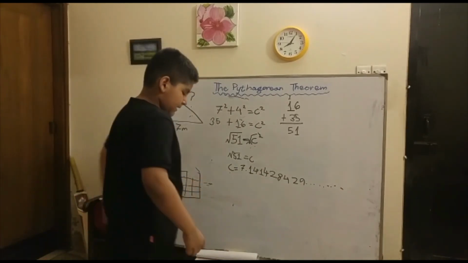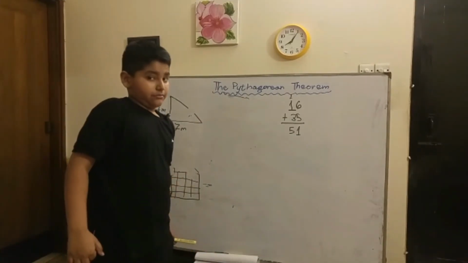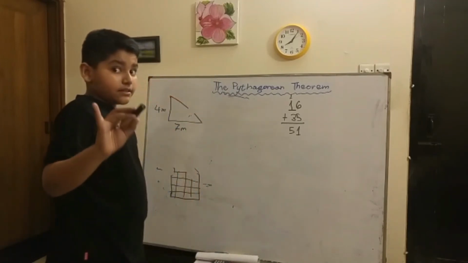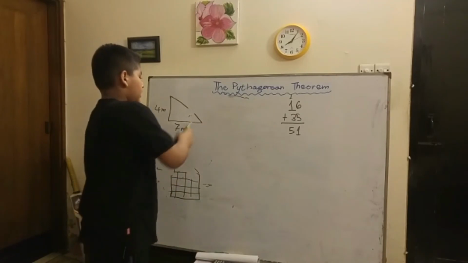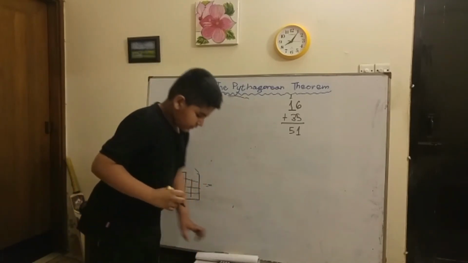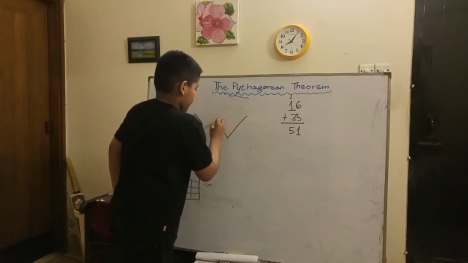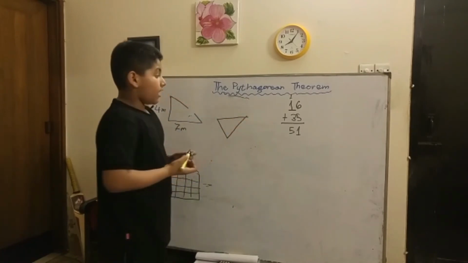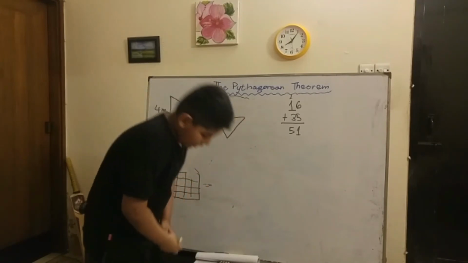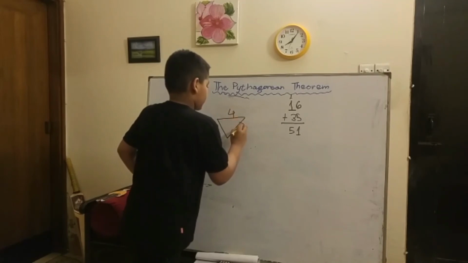So we can see another basic application. Remember, we said that we have to use it on a right triangle. I wouldn't show the right angle sign here, which would make it harder. So let's use it to test if this is actually a right triangle.